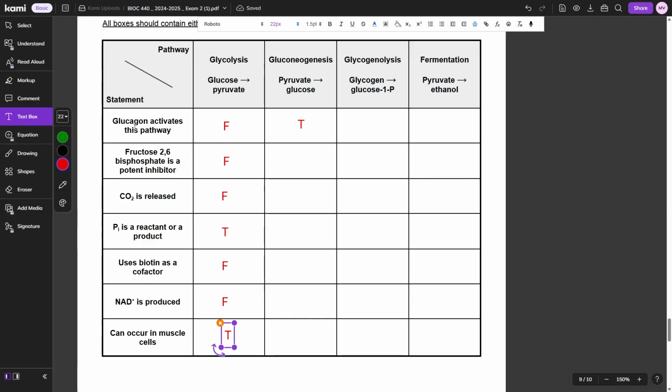What cells does gluconeogenesis occur in? Liver or muscle? Liver. Does it occur in muscle cells? No. What enzyme do muscle cells not have that doesn't allow them to export glucose out of their cells?